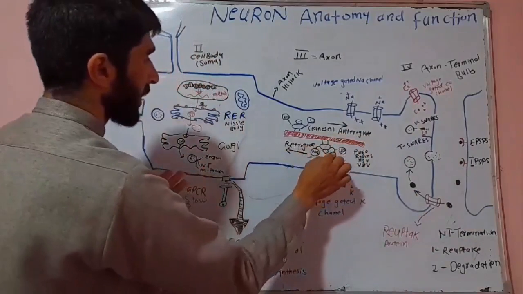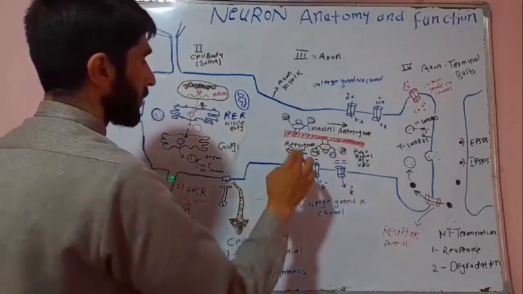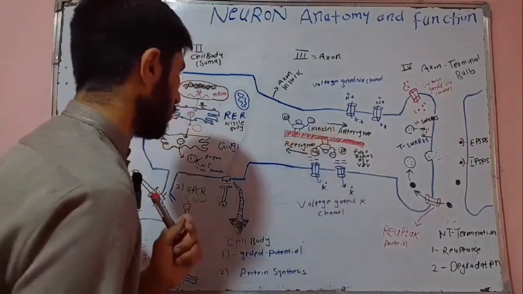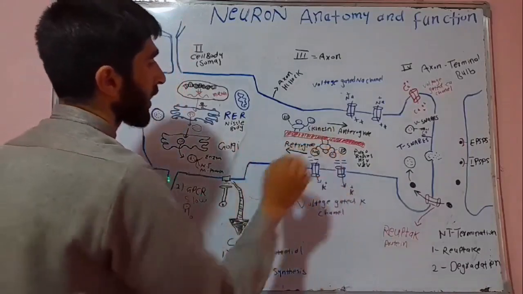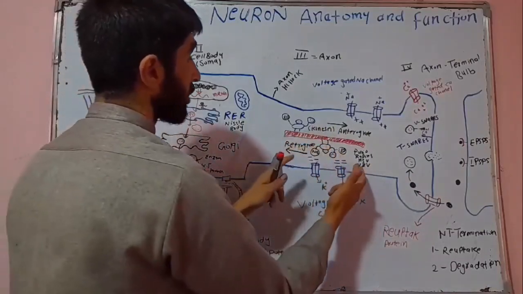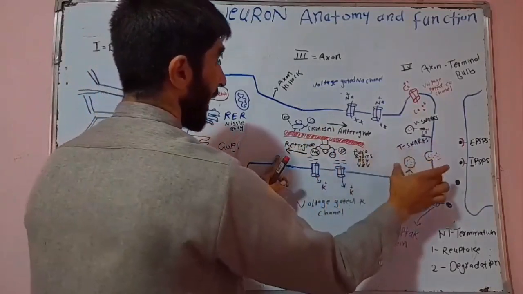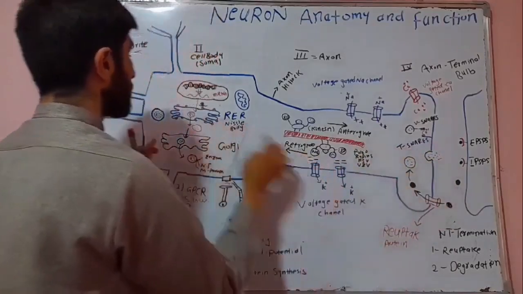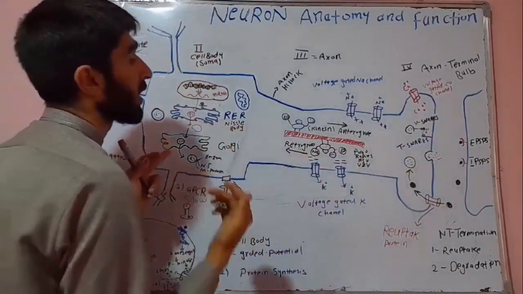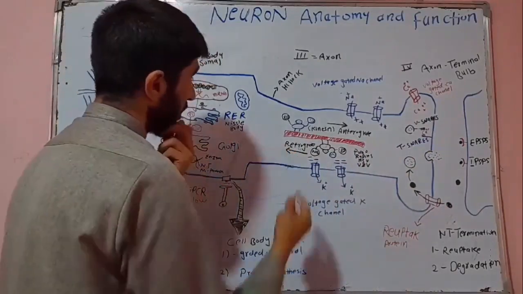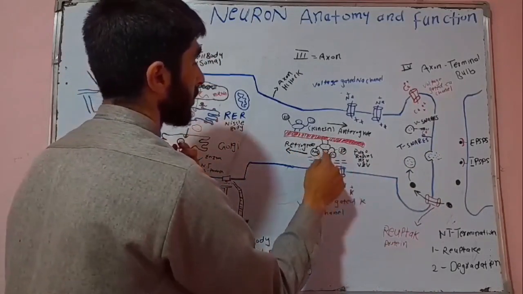There is another doll. This red line may be a microtubule. There is another doll that transports from the axonal terminal towards the cell body; we call this retrograde. This doll's name is dynein.